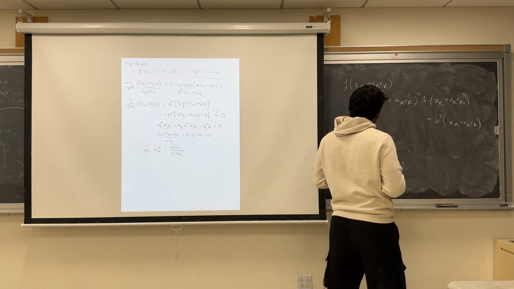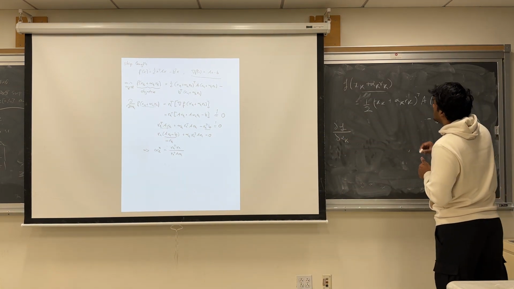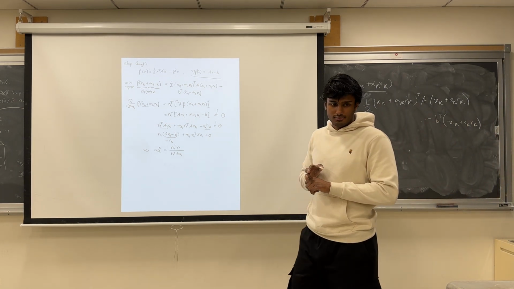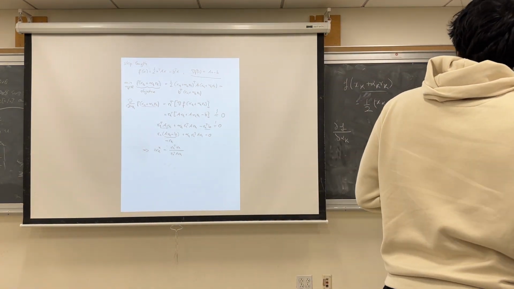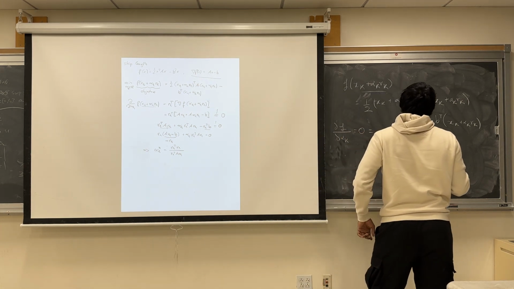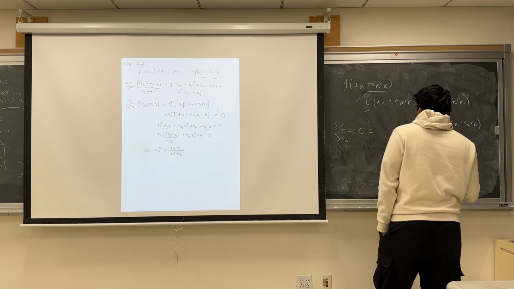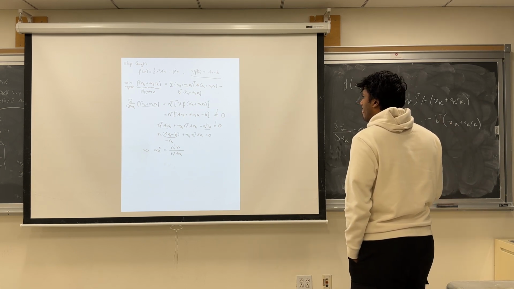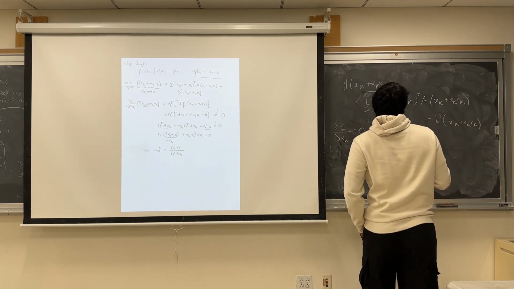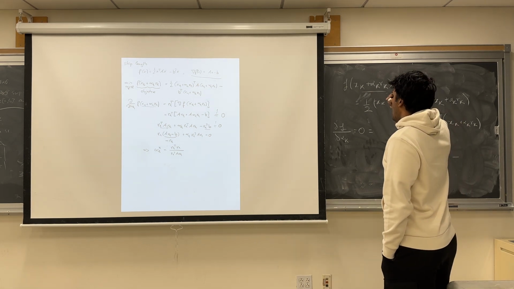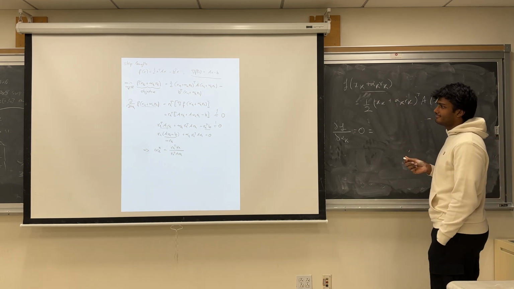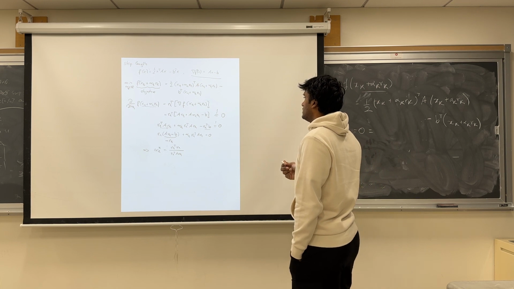So I want to find an alpha k such that, given a direction r, alpha minimizes this. So the derivative should be 0. How to go about doing that?